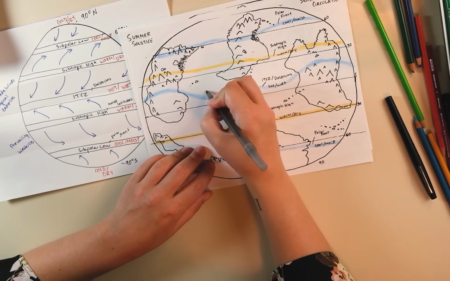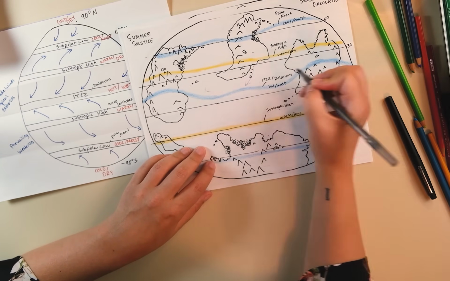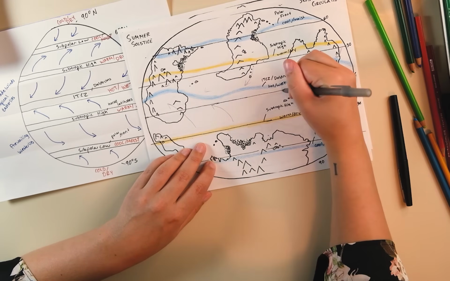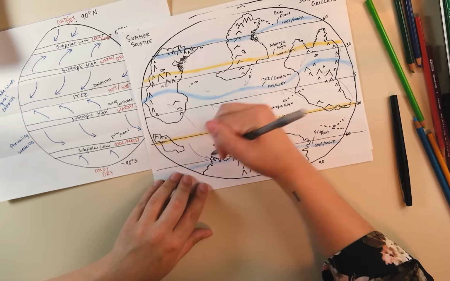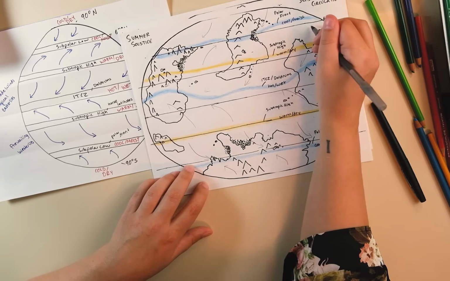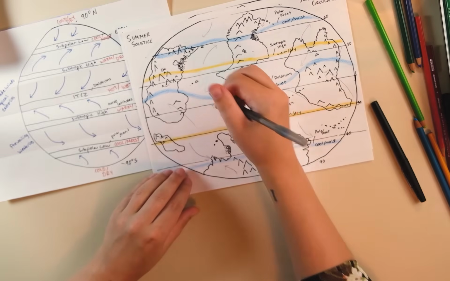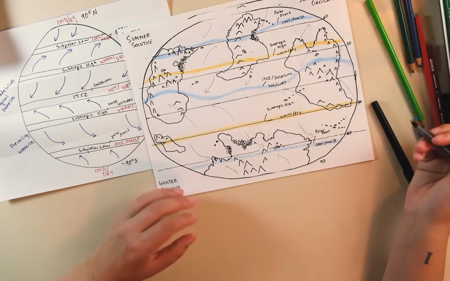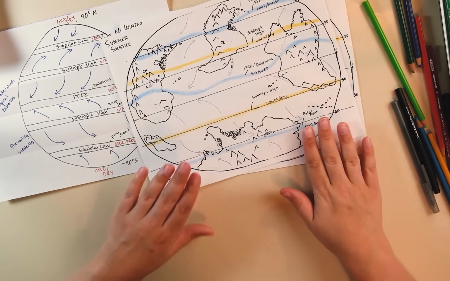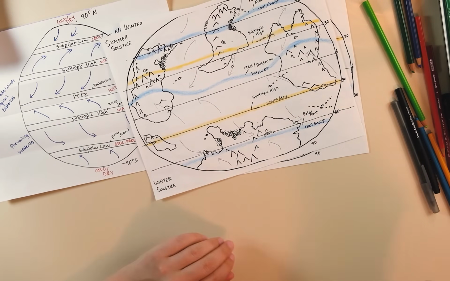So, you know, we'll just draw a couple in here. I'm just going to draw this really lightly, just like a little hint, just so that I remember which way these winds are blowing. I'm only going to draw this on one of these maps for now. I'll draw it on the other one eventually, but I'm not too worried.